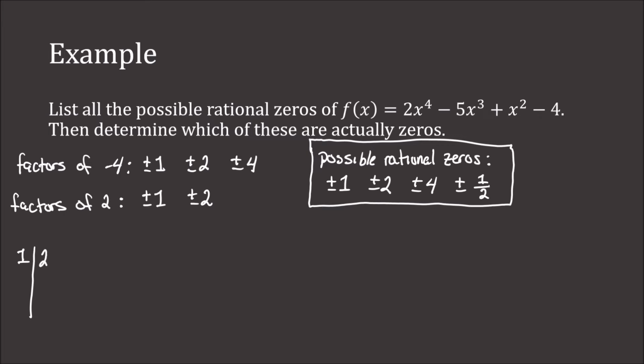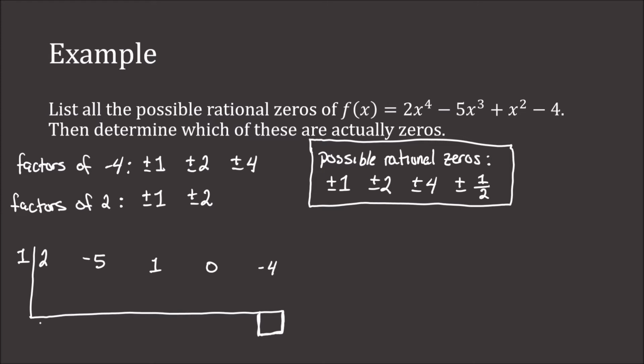We have 2, negative 5. The x squared term is 1. The x term, there is none, so that's 0. And then the constant's negative 4. And remember, it is this last term that we care about. That has to be 0.